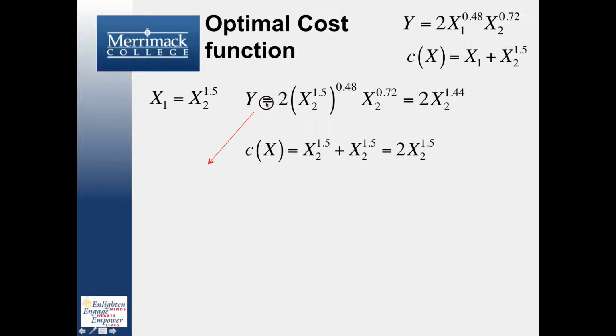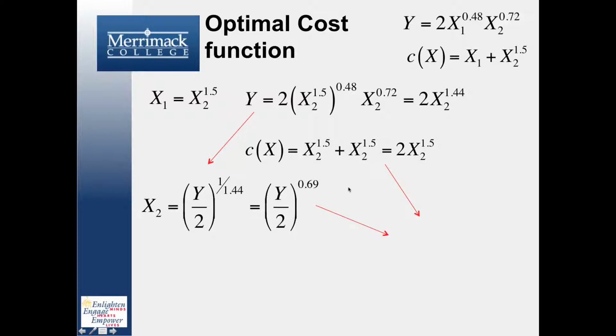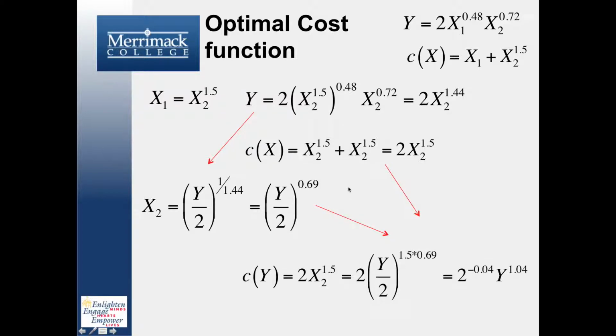If I take this down here and solve for x2, then I can combine these two functions here and find the cost function as a function of the output, the production.